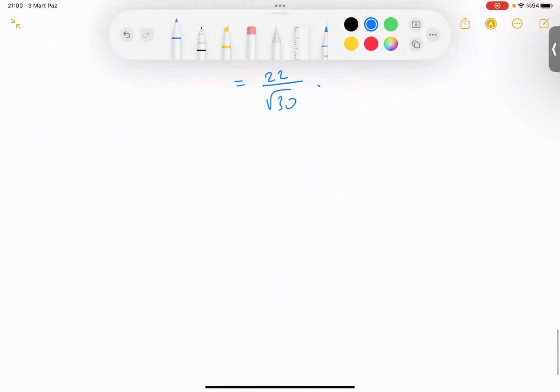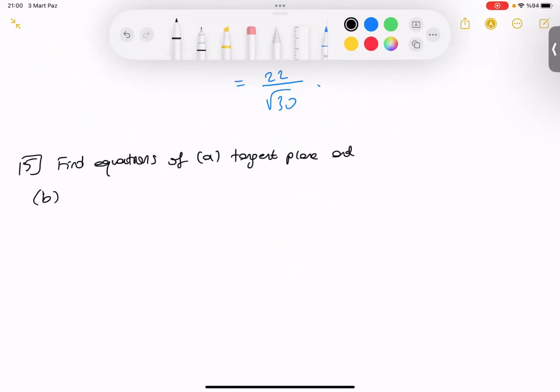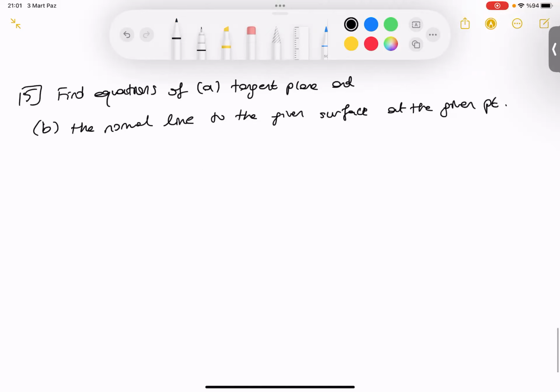All right, last question. Find equations of A, the tangent plane, and B, the normal line. All right, we will solve part A of this question.